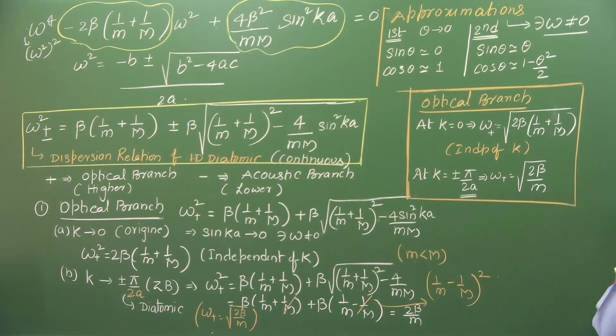Next we need to take the acoustic branch. The same study we have to do, approximations at the zone boundary as well as at the origin. The higher frequency branch is called optical, and the lower frequency branch is called acoustic.